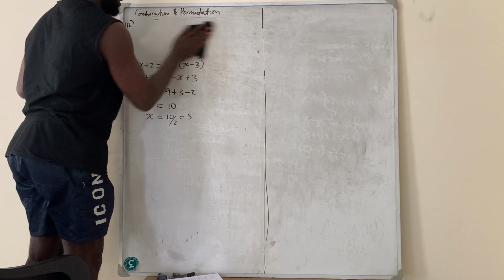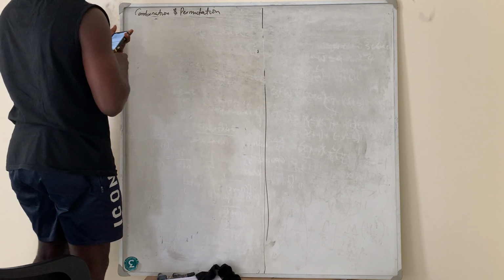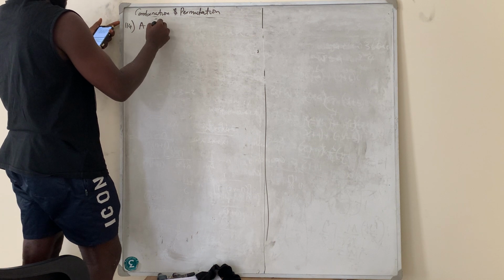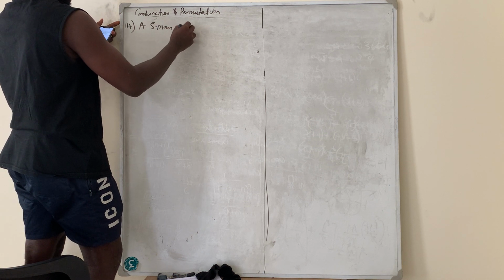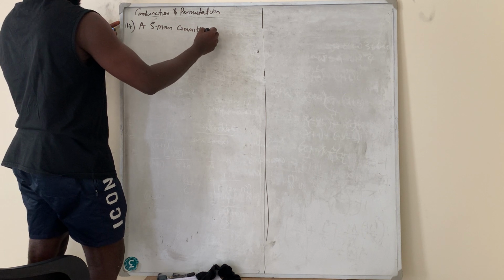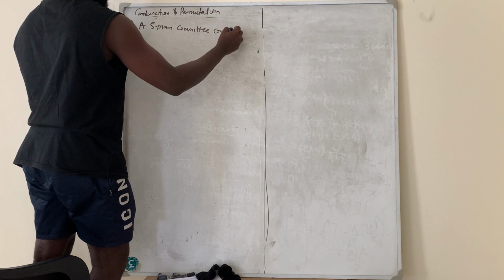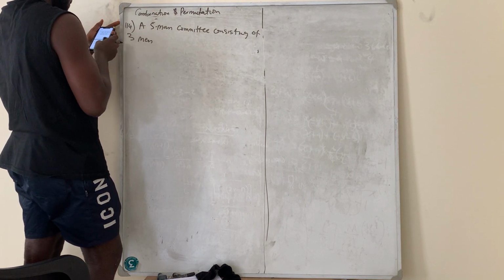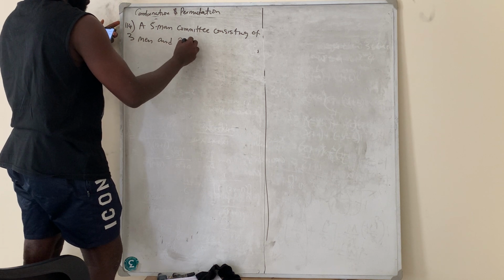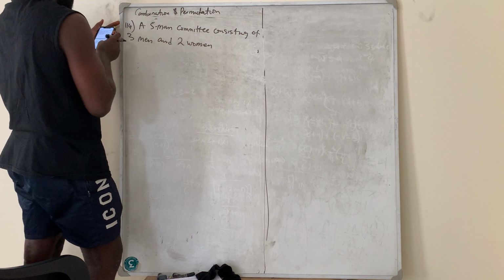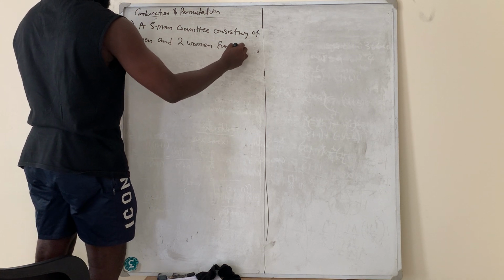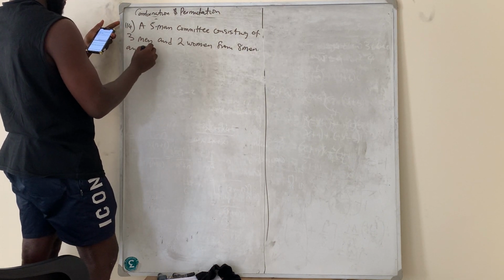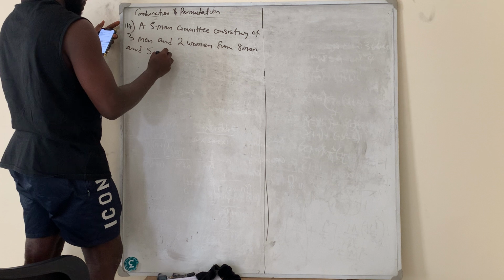Question number 113. Okay, but there is no 113 here. I have 114. So 114 said a 5-man committee consisting of 3 men and 2 women, from 8 men and 5 women.